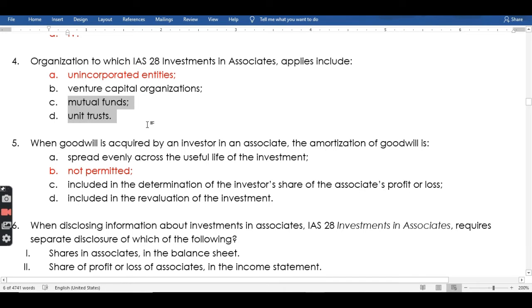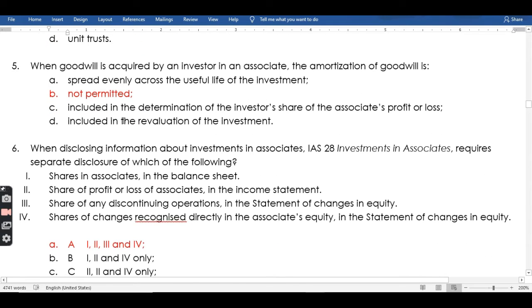Okay? So yun yung consideration natin diyan. Okay? And this is actually provided by the standard na hindi i-apply ang provisions ng IAS 28. Okay? So meron yan doon sa ating hand item. Okay? So yan yan.